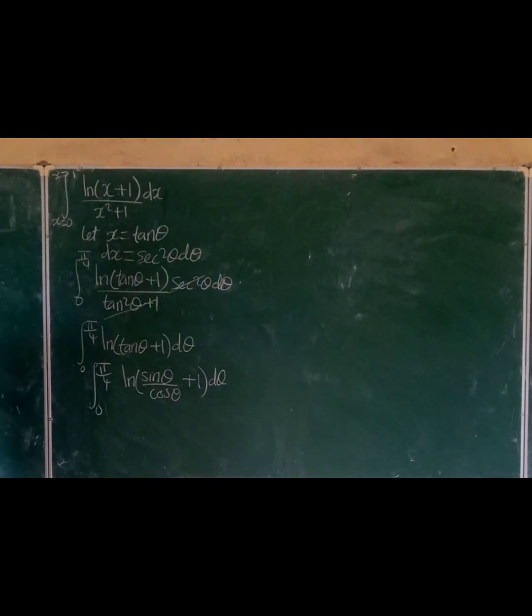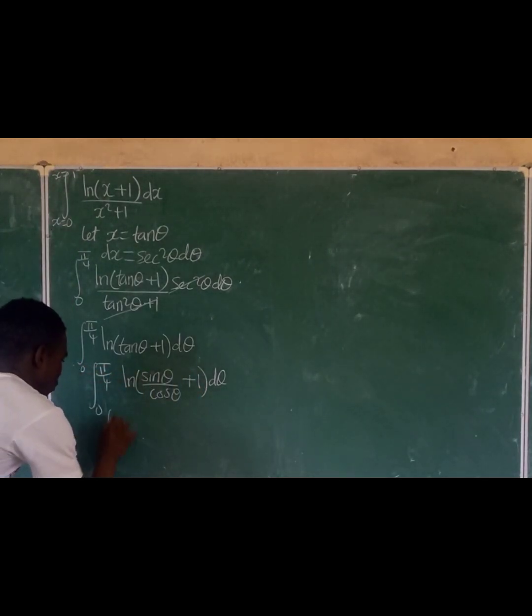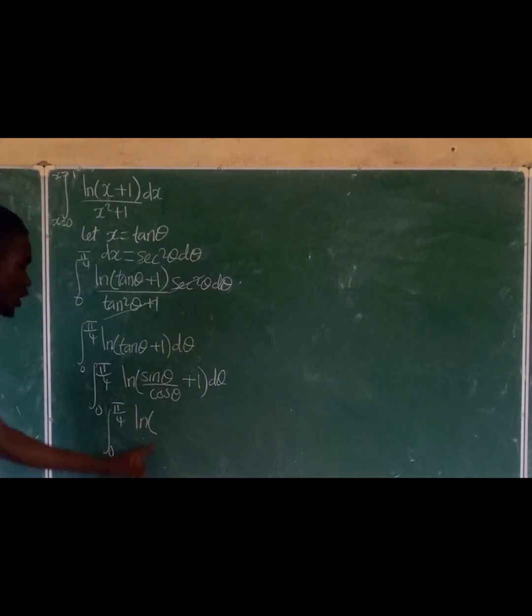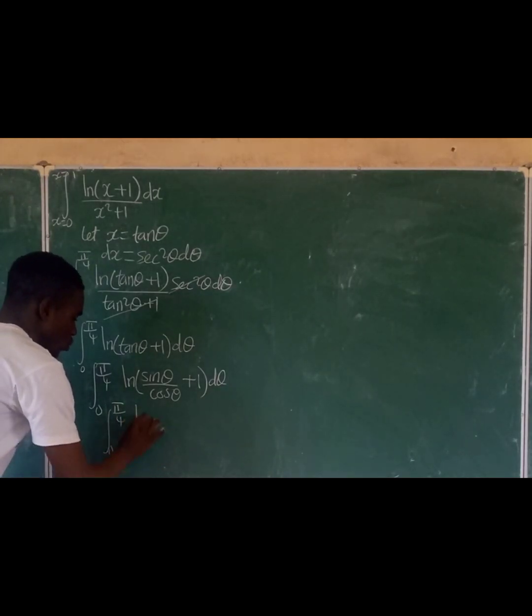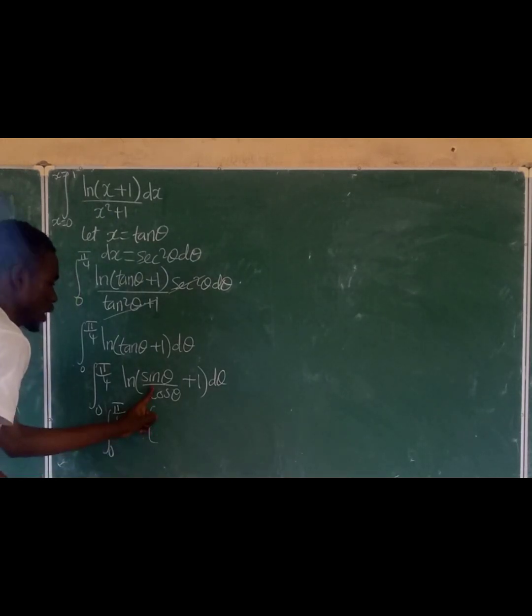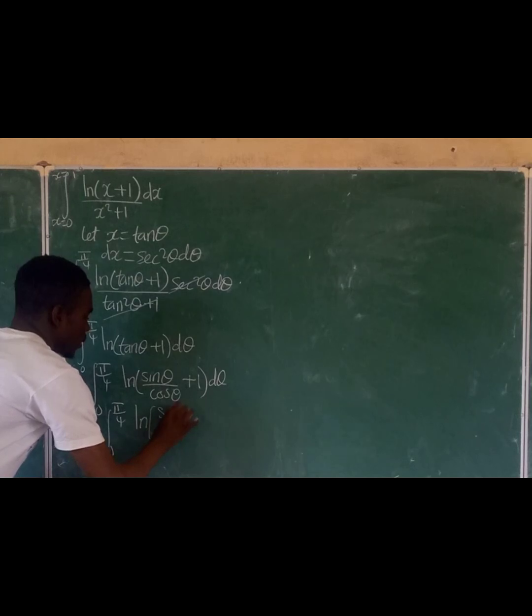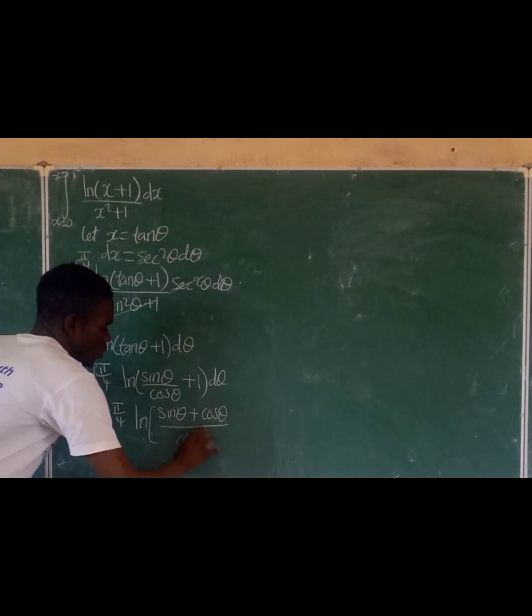Great. So how do we proceed? We can simplify this fraction, right? We can write it as the integral from 0 to pi over 4 of the natural log of sin theta plus cos theta, all over cos theta.